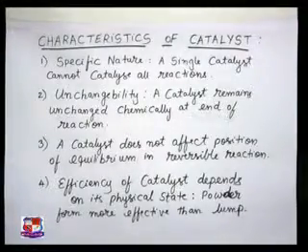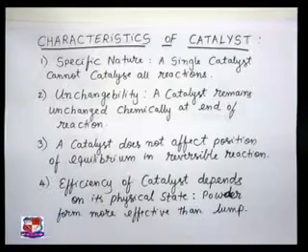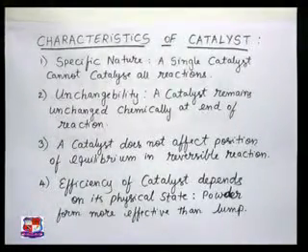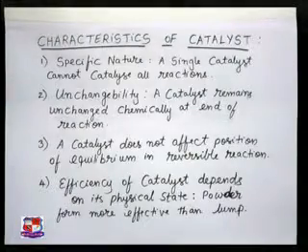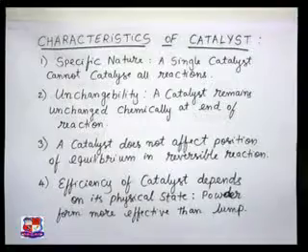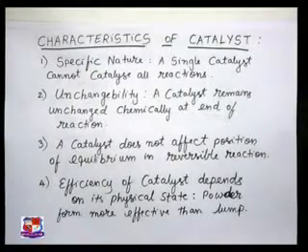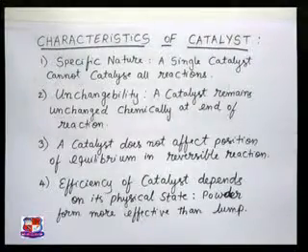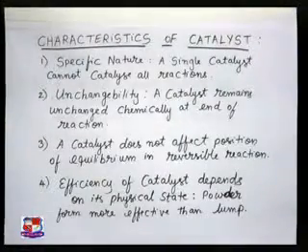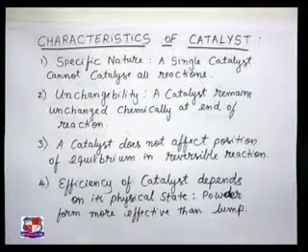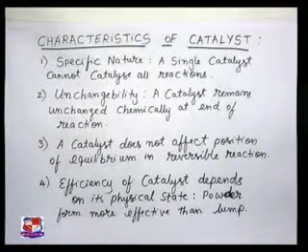The third is that the catalyst does not affect the equilibrium position in case of a reversible reaction. So equilibrium is undisturbed in this case. The fourth point is that the powder form of the catalyst is more effective than the lump form. Why is it so? Because the powder form has more surface area and due to that more catalytic sites are available, hence the reaction rate will be faster.